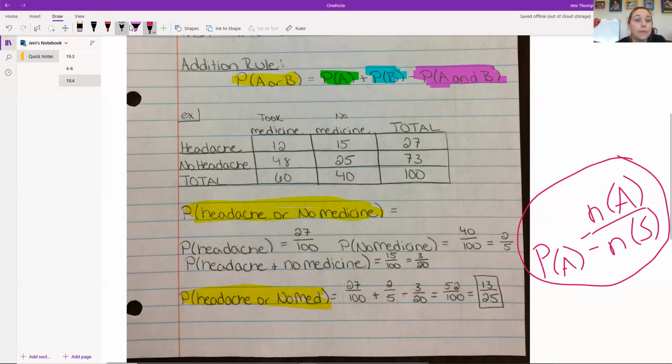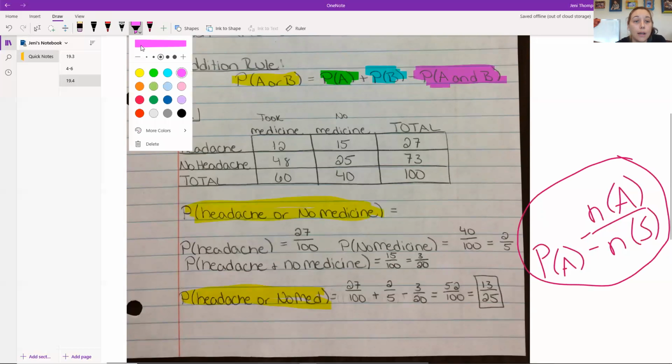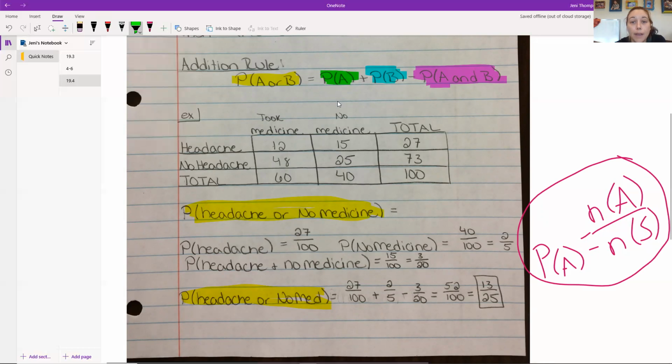Okay, let's start with our first piece of information, the probability of A. A is headache. So if A is the probability that a headache will occur, we need to find our total number in that event over all possible outcomes.